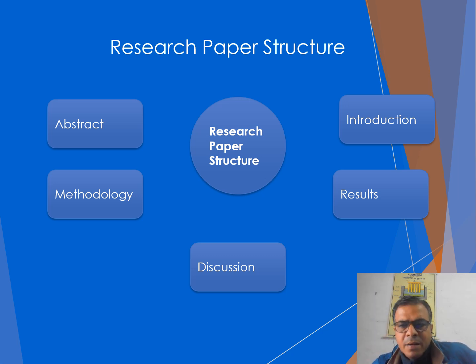After this is the discussion. What is the discussion? It is the interpretation of results and their significance. For example, in science, natural light is crucial for optimal plant growth due to its full spectrum of light.